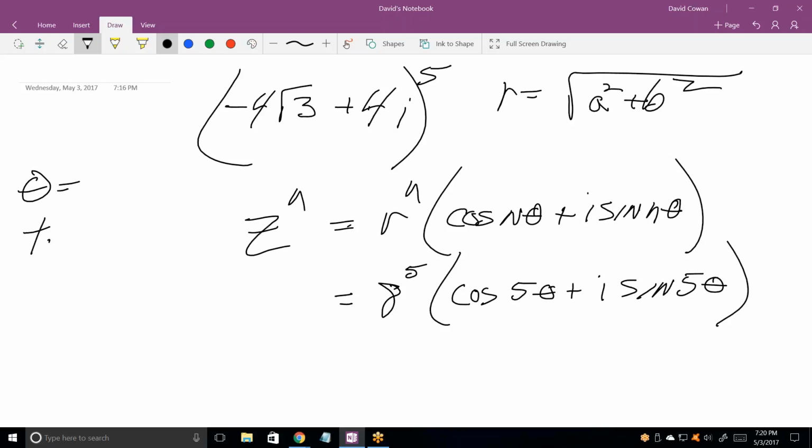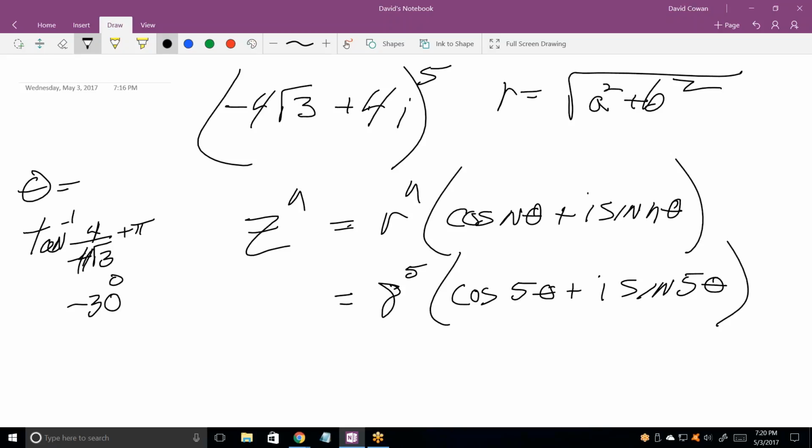Inverse tangent of 4 over negative 4 root 3, plus pi. Plus pi, there you go. And that is a negative 30-degree angle.